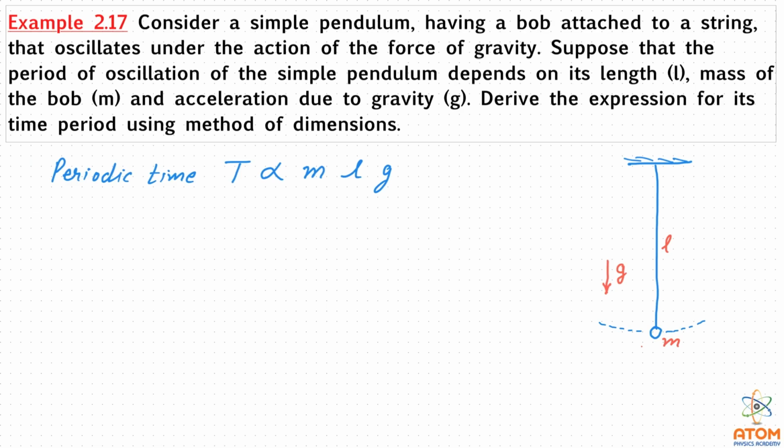Here we can write this equation more specifically by saying that T is proportional to m raised to a, L raised to b, and g raised to c, where this a, b, c are the magnitudes of the exponents of m, L, and g, because till now we don't know whether it will be m raised to 1 or m raised to minus 1 or m raised to 2, and the same is for L and g.